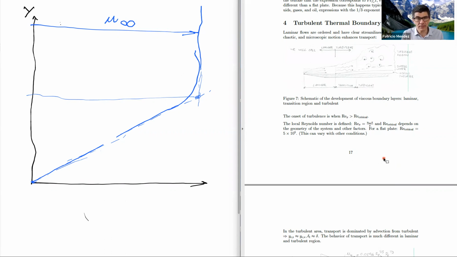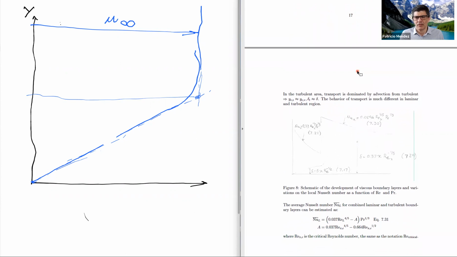And what we discussed last time is that the transition from laminar to turbulent is gradual, in a narrow range, but it's gradual. For the purpose of this class, we're going to cheat a little bit and say the fluid can be either laminar or turbulent, overlooking the fact that in reality, there are more details than those.